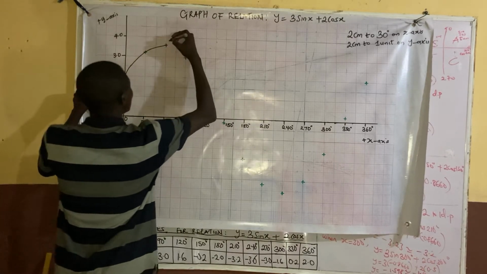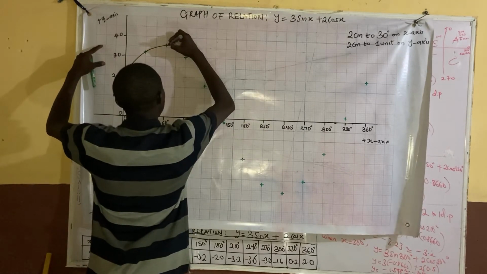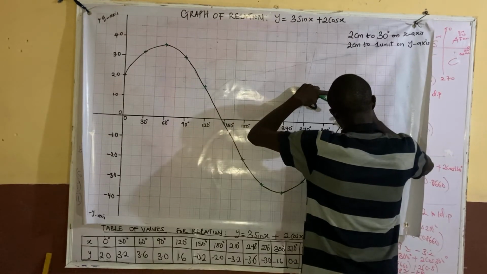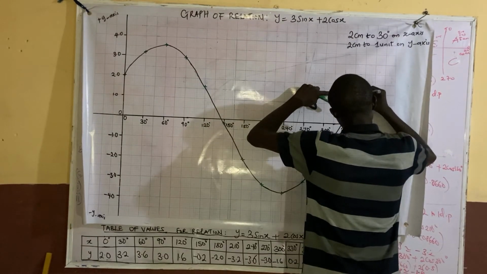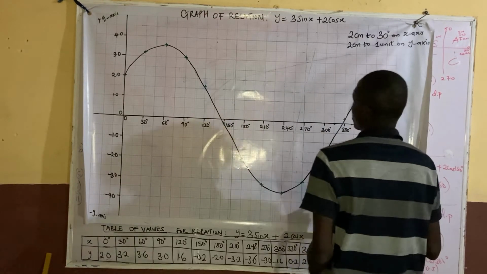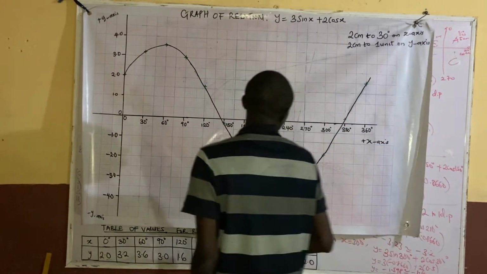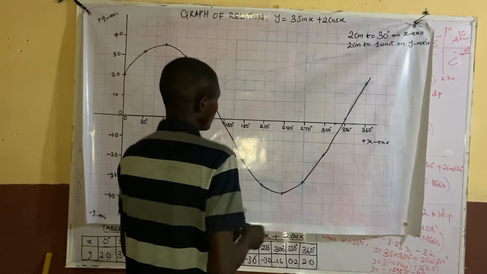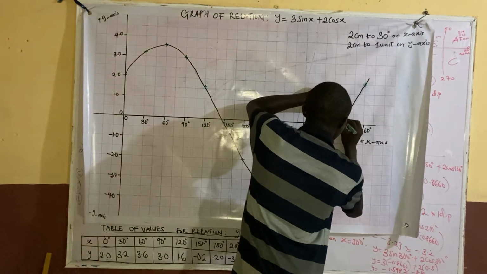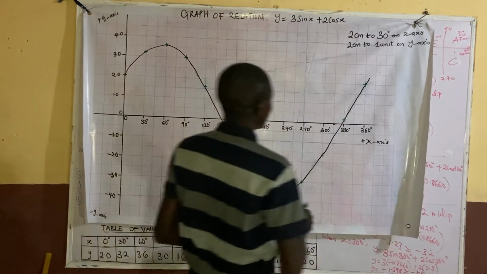So that's that about the curve. So we have a point here, you can see that there is a point here.